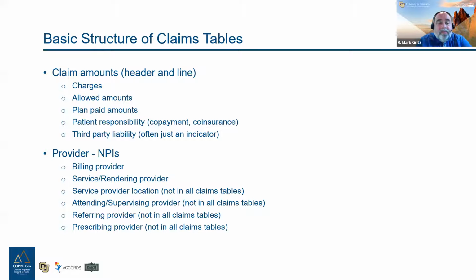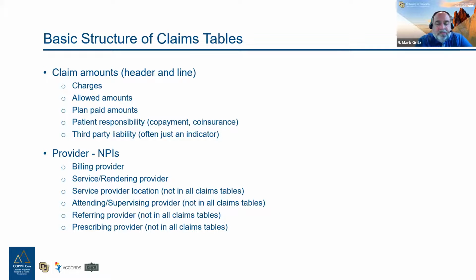On a claim, again, on those header and line files, there is information on providers or NPIs. And again, there are multiple data elements for the providers. There's the billing provider, that's who is billing the insurance plan and who the insurance plan will be paying.